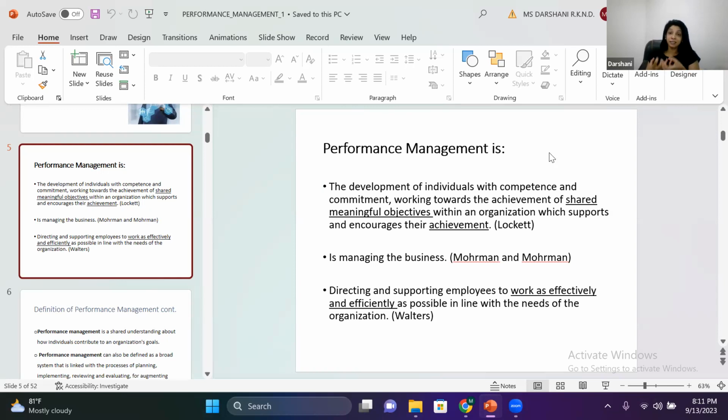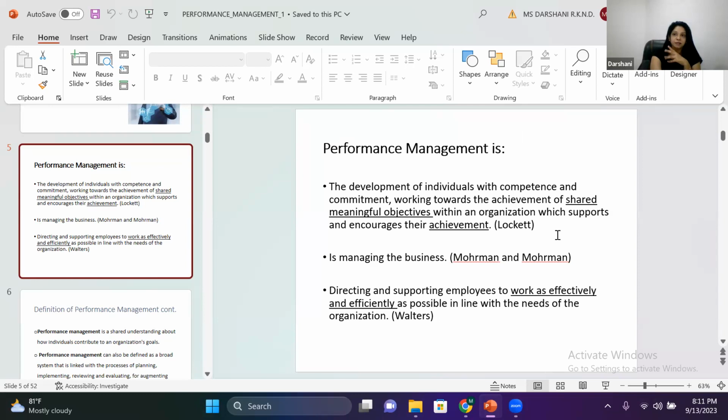So we need employees who not only have the competence, but performance management is also focusing on upgrading the commitment of the employees. That will lead to achieving organizational goals and objectives. Simply, we need employees who can work effectively and efficiently.